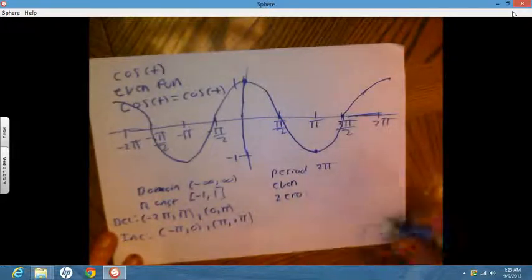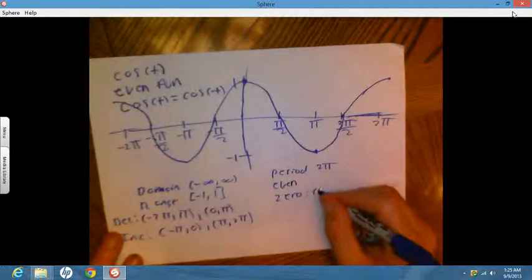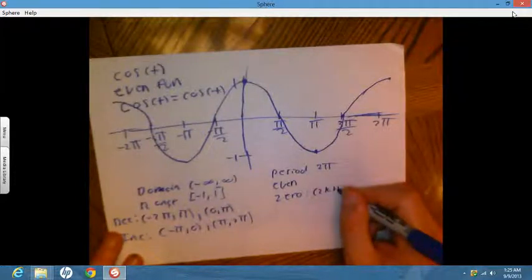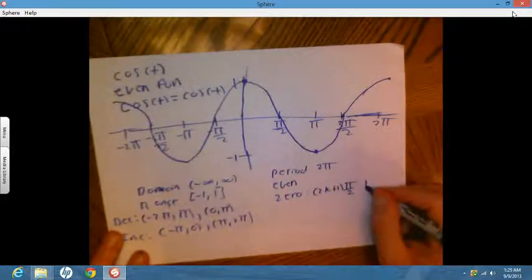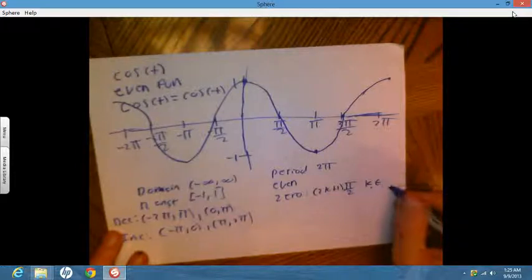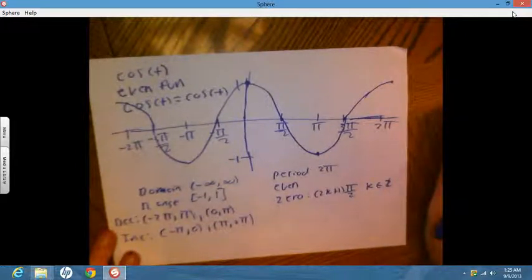So it's going to occur at odd multiples of pi over 2: pi over 2, 3 pi over 2, 5 pi over 2, 7 pi over 2, 9 pi over 2, 11 pi over 2, negative 3 pi over 2, negative 5 pi over 2, etc. You also might want to note that at multiples of pi, it's going to be 1 or negative 1. You can write that down if you like also. So that's the cosine function.